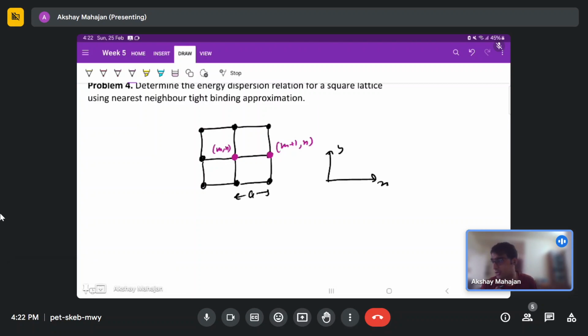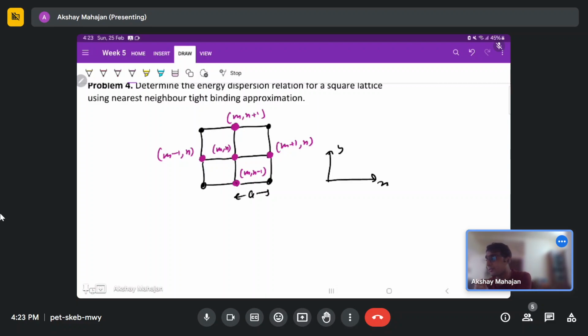If I define this lattice point as m comma n, then there are going to be four nearest neighbors. One will be at m plus 1 comma n, another at m minus 1 comma n. This nearest neighbor I can label as m comma n plus 1, and this one as m comma n minus 1.